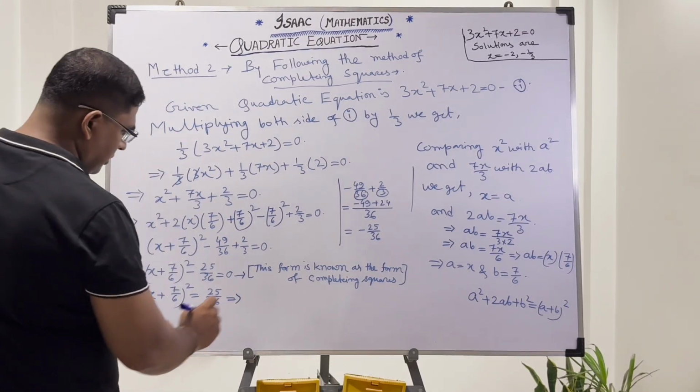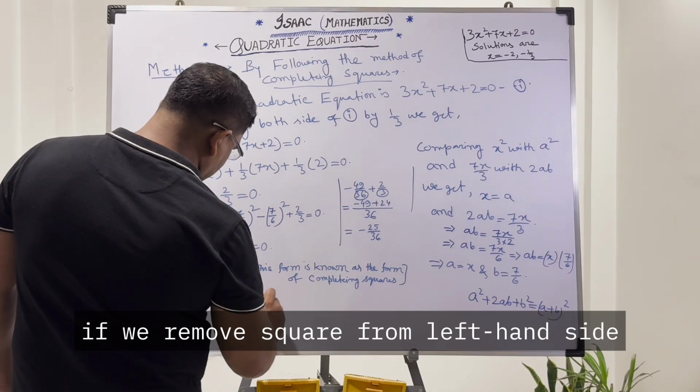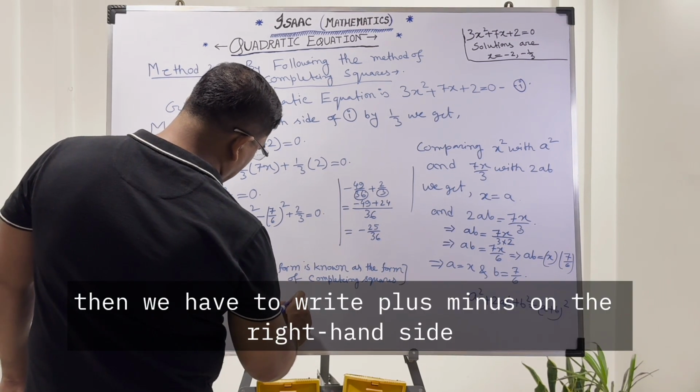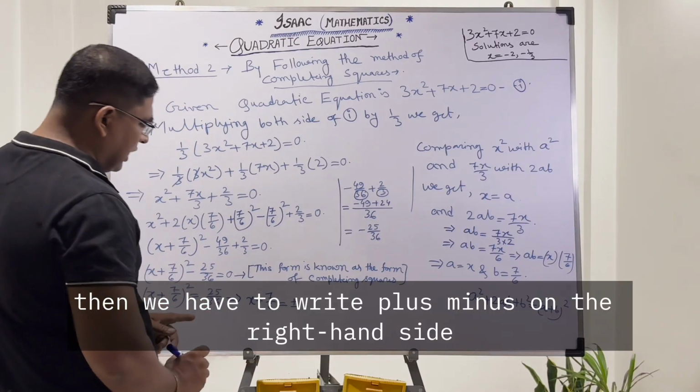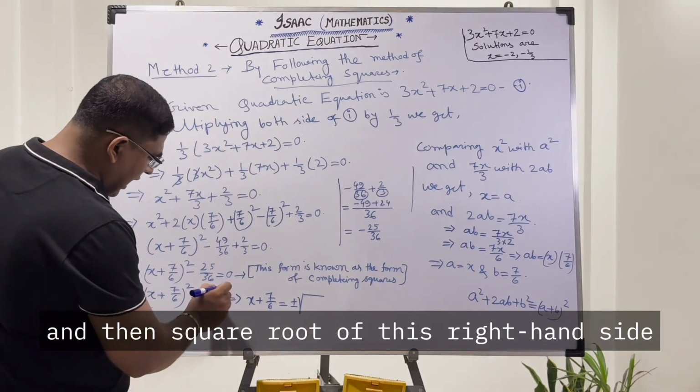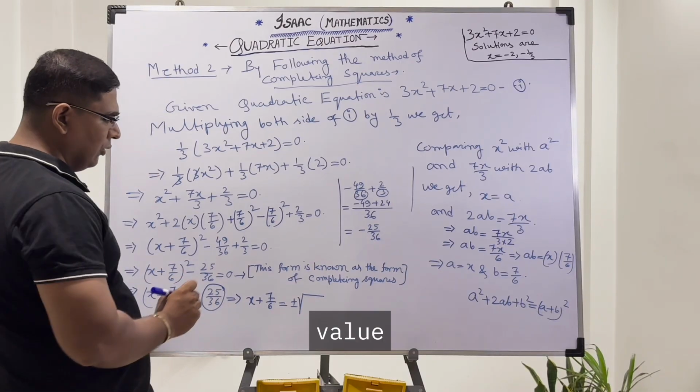Now, if we remove the square from the left hand side, then we have to write plus minus on the right hand side and then the square root of this right hand side value.